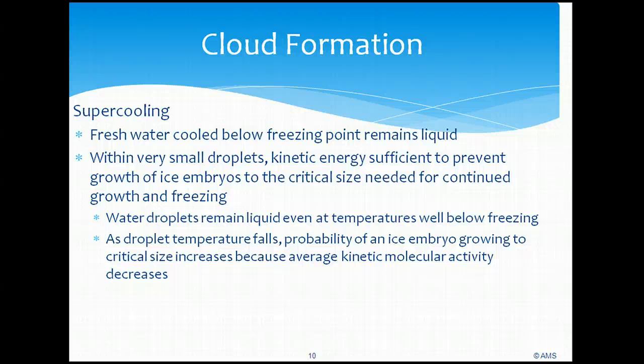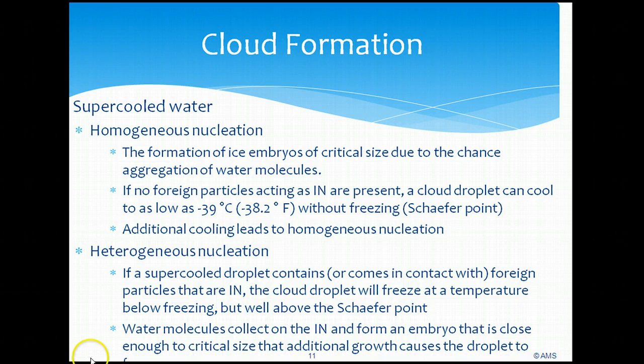The formation of ice embryos of critical size due to the chance aggregation of water molecules is known as homogeneous or spontaneous nucleation. We know that a cloud droplet can cool as low as about minus 39 degrees centigrade without freezing, but any additional cooling always leads to homogeneous nucleation.